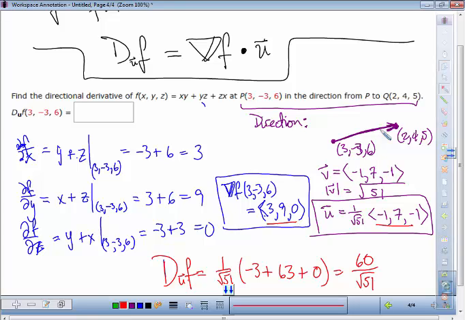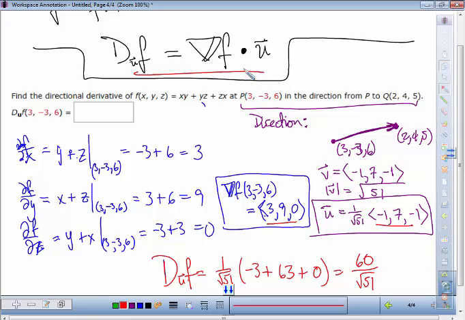Okay? So the computation, I think, is fairly straightforward if you know this formula. The only thing you need to really think about is how this applies to a specific situation.